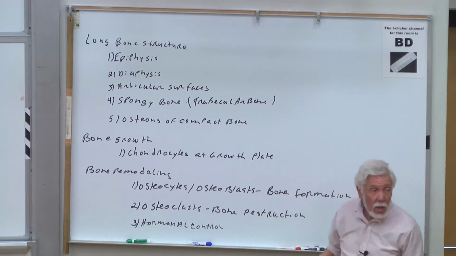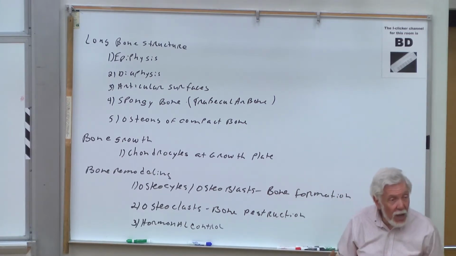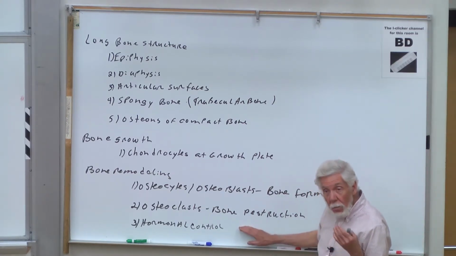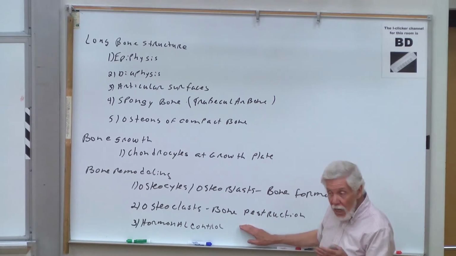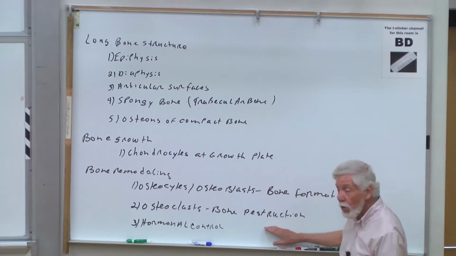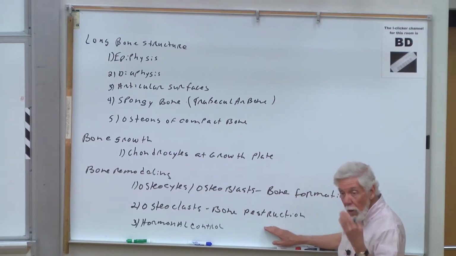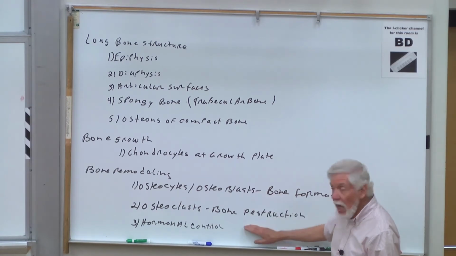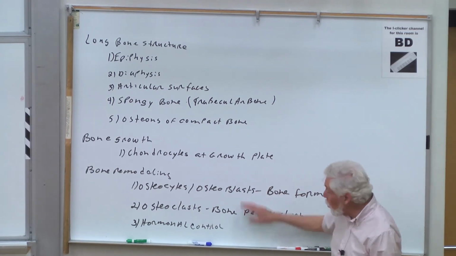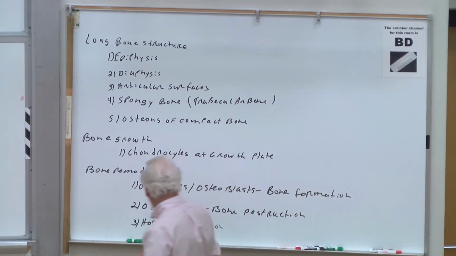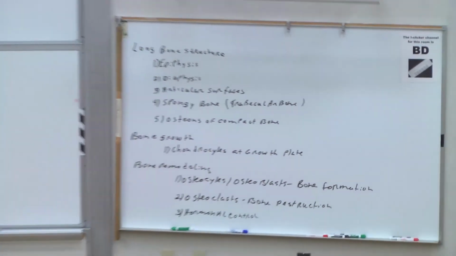And we do this because we have this readily available storage of calcium in the bones, and we need to maintain our plasma calcium concentrations in a very narrow range. So we'll use the osteoclasts to break down the bone, mobilize the calcium, and then the osteocytes can come in and refill those areas. But we're doing this so that we can maintain a constant level of calcium in the plasma. And that's under hormonal control, and we'll discuss that a little.